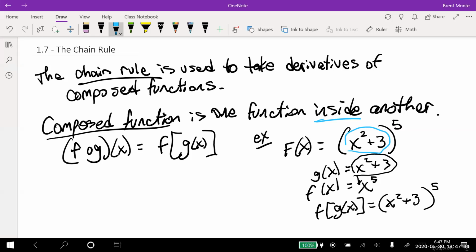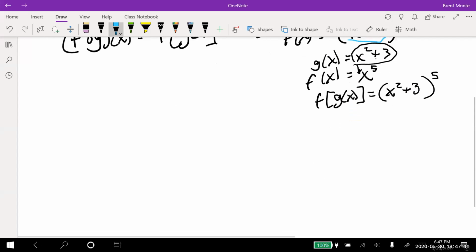What I'm going to do is I'm going to show a problem that's a composed function. We're going to look at it and we'll multiply it out, take the derivative so we see what the derivative should be. Then I'll talk about the chain rule, and we'll use the chain rule to see we get the correct answer. So here's some examples of composed functions.